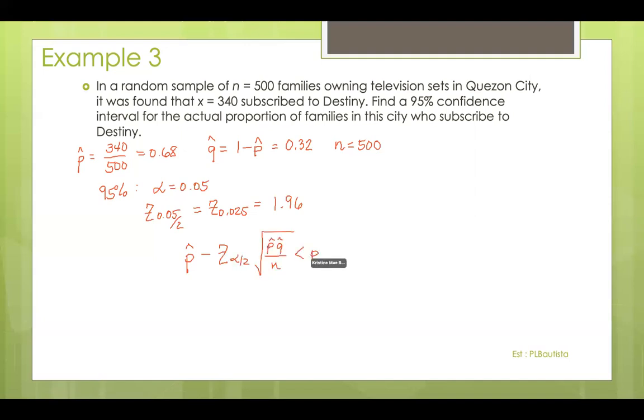On the upper limit, it's just the same, except that you're adding the margin of error.